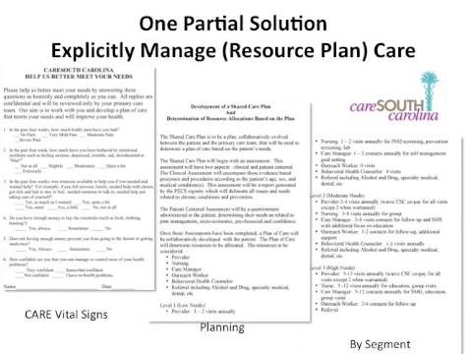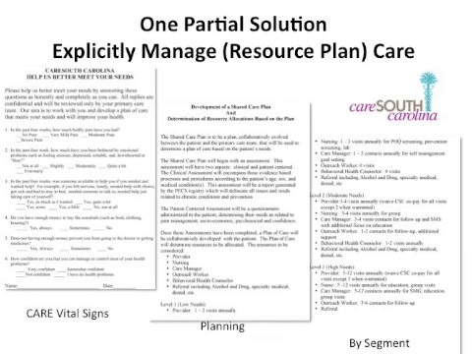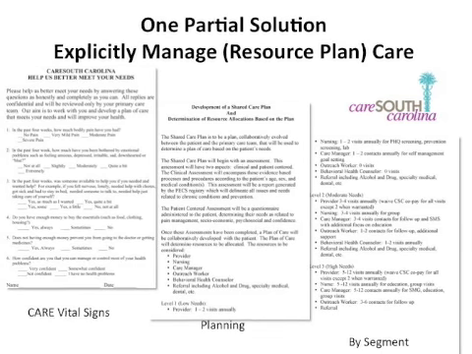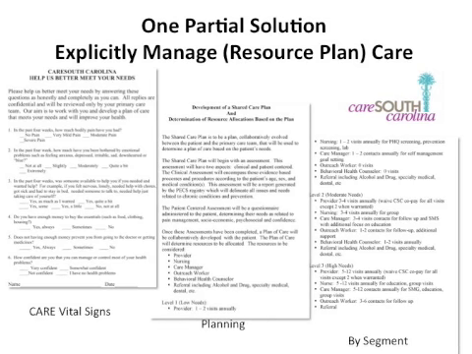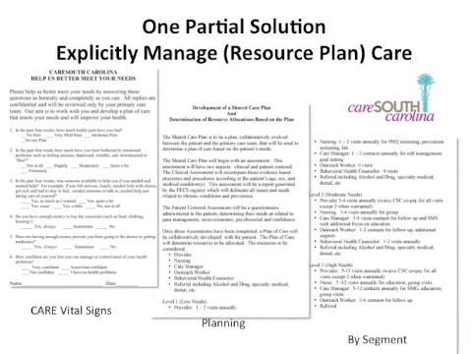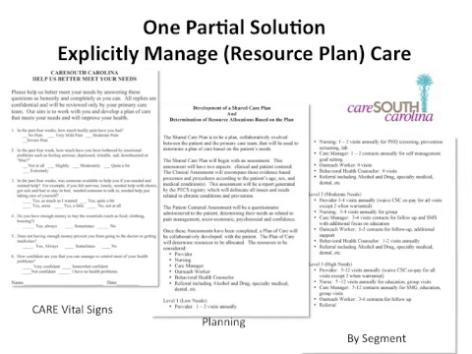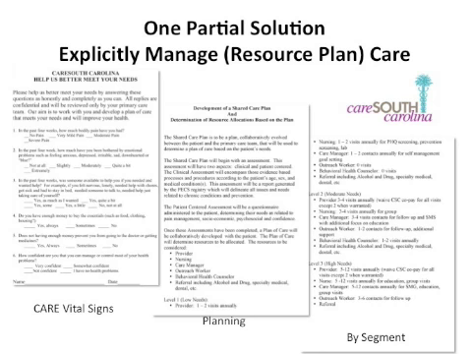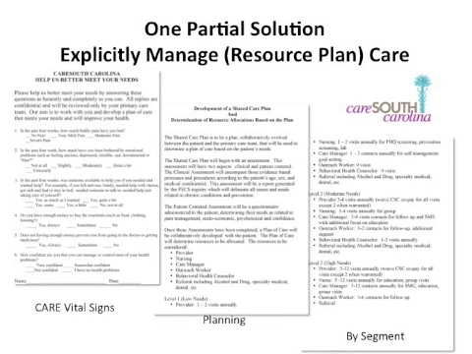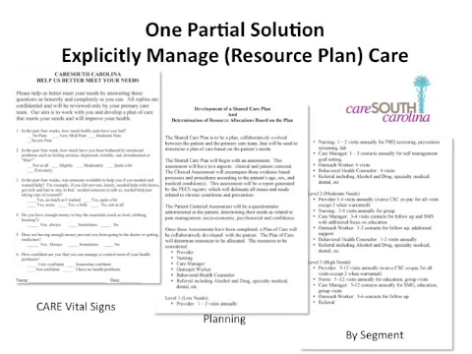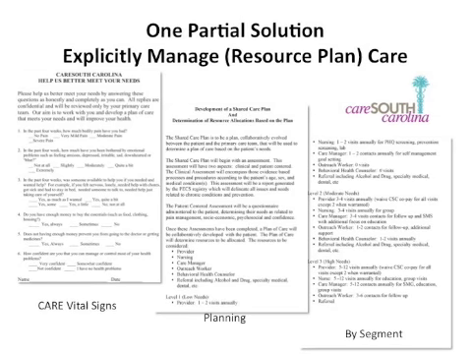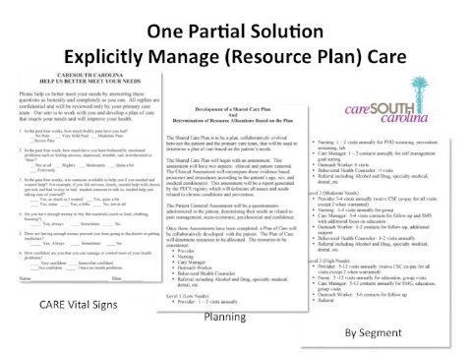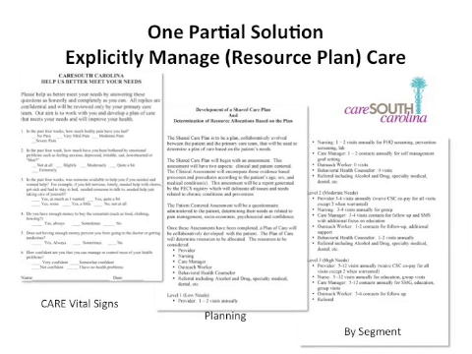For example, they have their own Care Vital Sign form and a very clear plan for all staff to build on that form and segment patients in categories and do very explicit things for them depending on the category in which the patients find themselves. This is called resource planning and is one way to reduce unwanted variation.